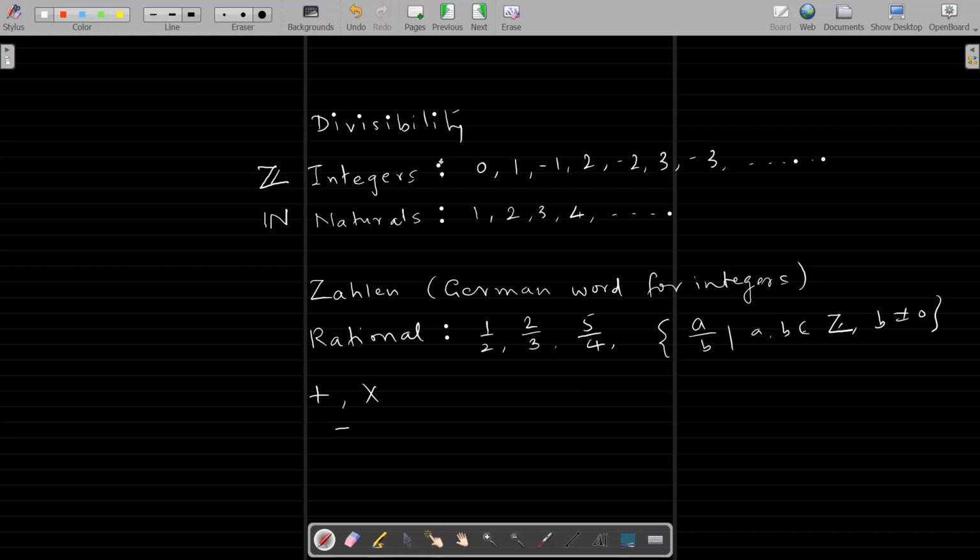Suppose I say 3 plus 5, that is 8, which is again a natural, and their multiplication is a natural too. But I can't say minus is a proper operation on the set of naturals, because 3 minus 4 is natural minus natural and the answer, minus 1, is not a natural. In the case of integers, that is a proper, well-defined operation.